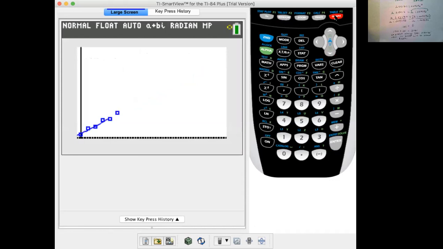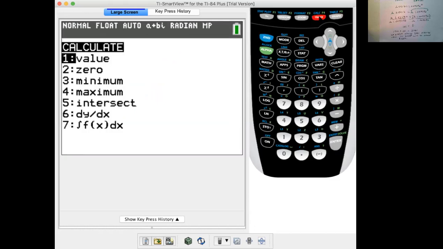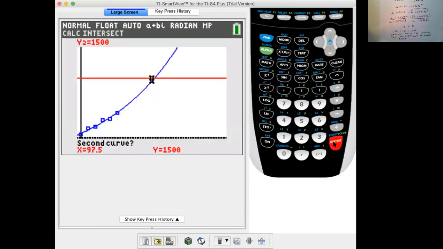So there is my regression equation in blue. And we're going to get Y equals 1500 showing up here shortly. And I can see where they crisscross. So I solved it algebraically on the paper, but I can actually find the intersection point this way too. So the intersection of these two graphs, first graph, second graph, guess, and I get 101.